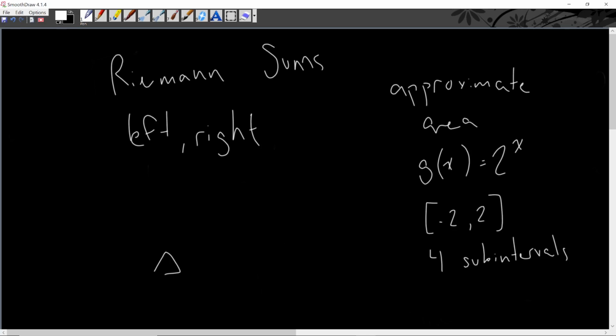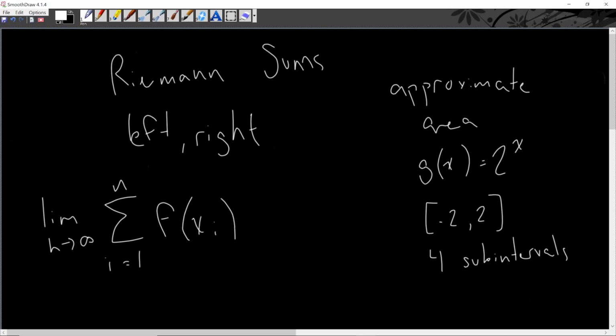Now, our change in x, let's even write down our formal definition of the integral one last time. We have the limit as n approaches infinity of this series with n increments and i equals 1, where we have f of x_i times change in x, which again we defined the change in x as b minus a over n, so length of the interval divided by the number of subintervals.